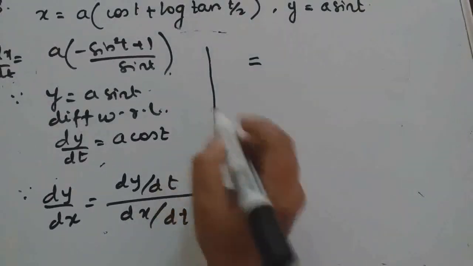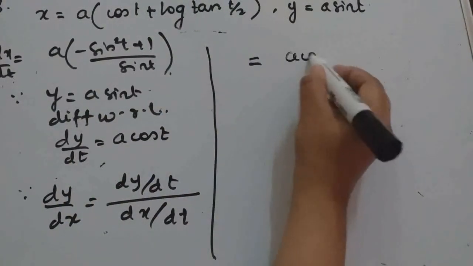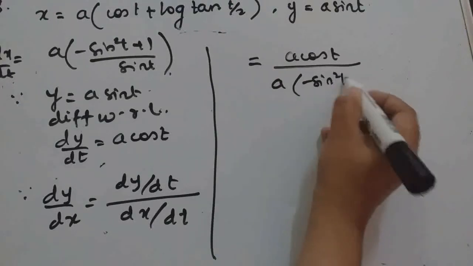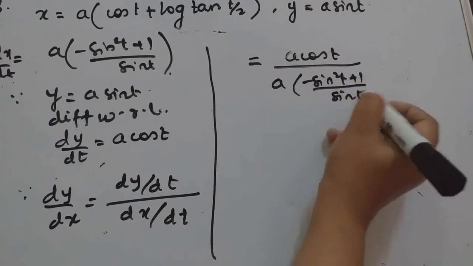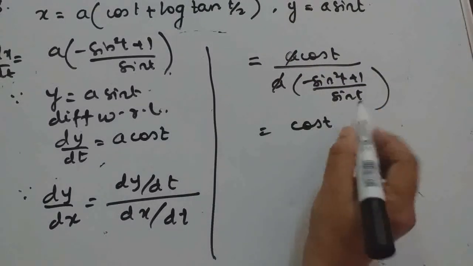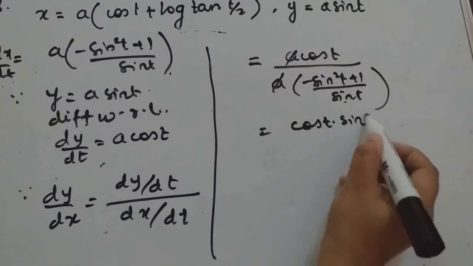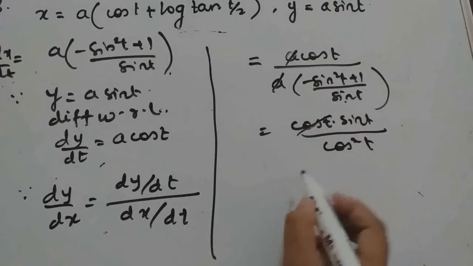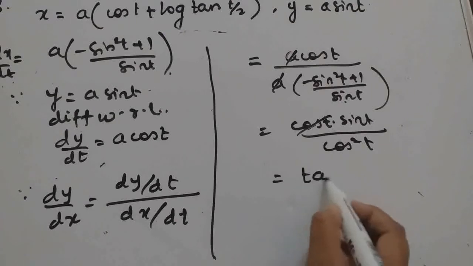So dy by dt is a cos t, and this is, so a will go. Now see, 1 minus sin square t is what? This sin t will go in numerator. 1 minus sin square t is what? Cos square t. So sin t by cos t means tan t.